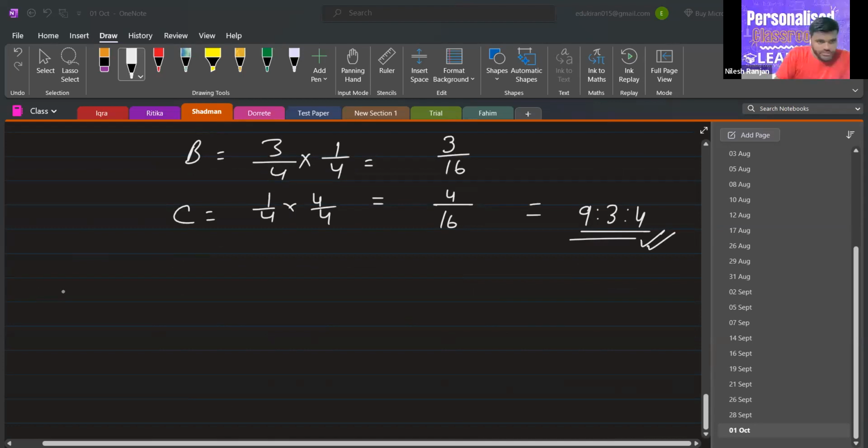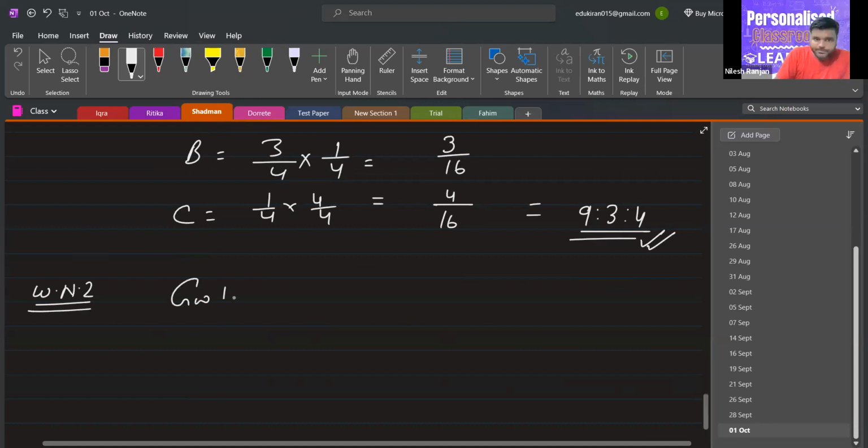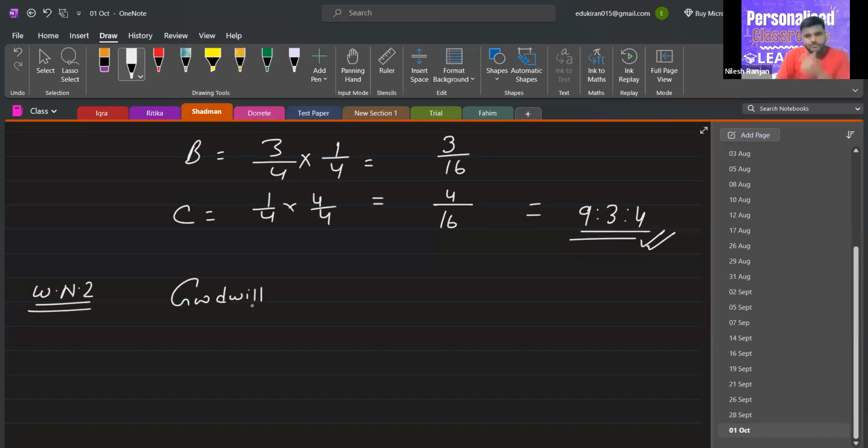The second thing is working note number 2, goodwill. Okay, sir. So what we have to do with the goodwill?